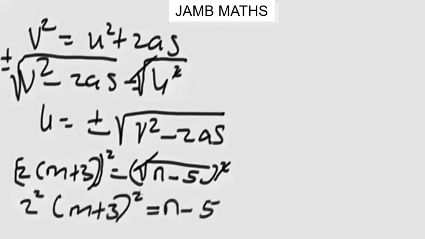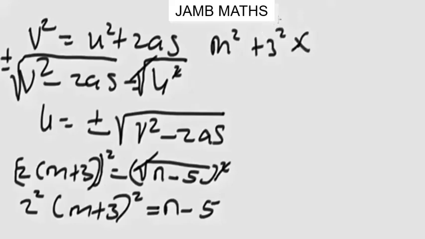Note that this square outside this m plus 3 inside this bracket, if you do something like m square plus 3 square, by the time you remove this square here and put everything inside the bracket, it's very, very wrong. So this is mathematically wrong. Now when you have a plus sign inside the bracket, don't distribute the power to each respective value there.